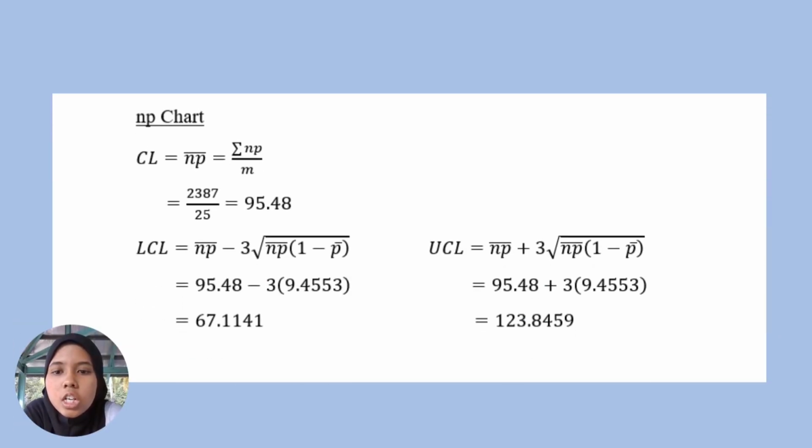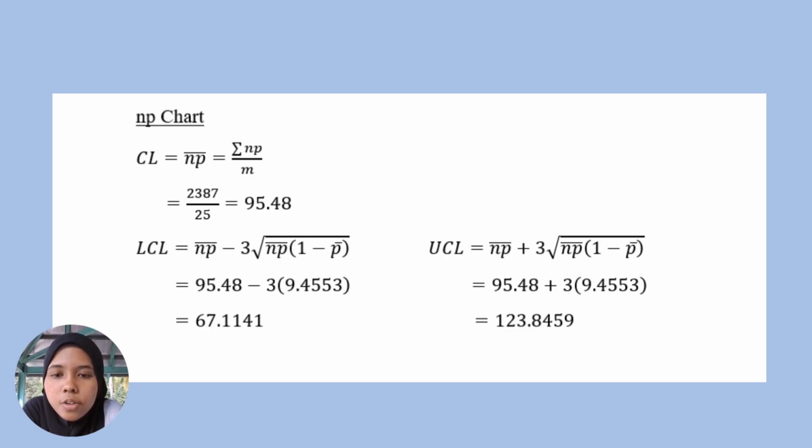Next, I would like to show the calculation for the NP chart. For the central line, it is equal to NP bar, with the formula being the summation of NP divided by M, and then we get 2387 divided by 25, which is equal to 95.4348. For the lower control limit, the formula is NP bar minus 3 times the square root of NP bar times 1 minus P bar.